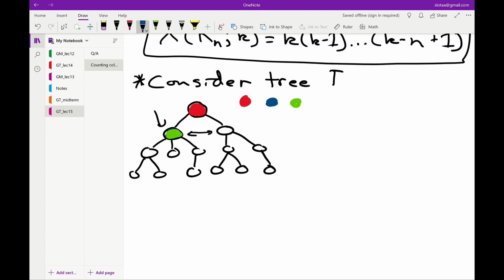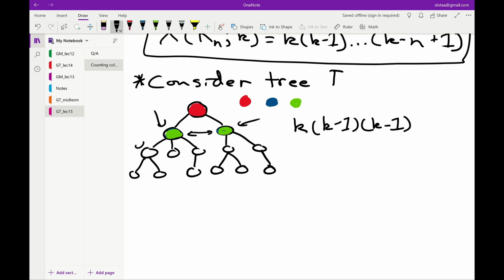Likewise, exact same thing for this vertex here. We can color it with the first color or second color. So right now we have k possibilities for our root, and then k minus 1 and k minus 1 for our 2 vertices on that second level.